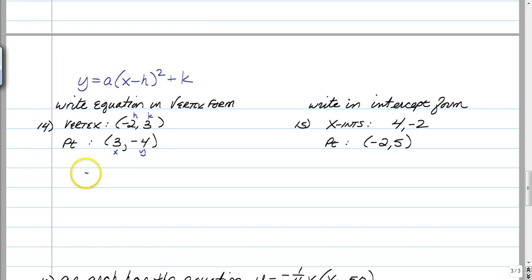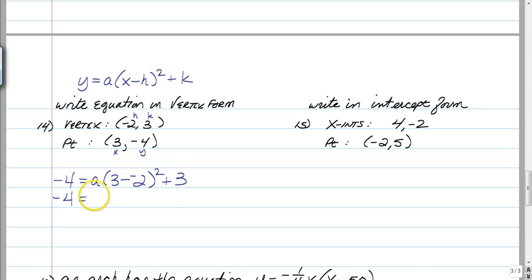Remember, the point's always the x and y. The vertex is your h and k. If you flip those, you're in trouble. So we have y of negative 4 is equal to a times our x is 3 minus a negative 2, so that's going to turn into plus, squared, and then plus our k of 3.